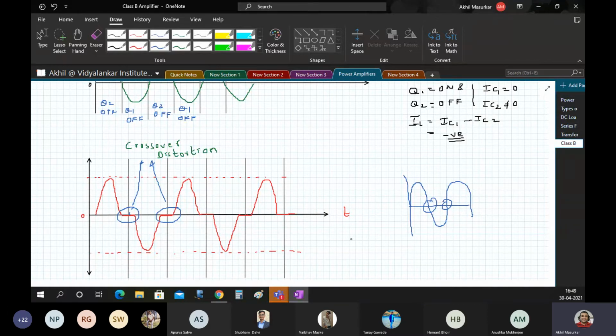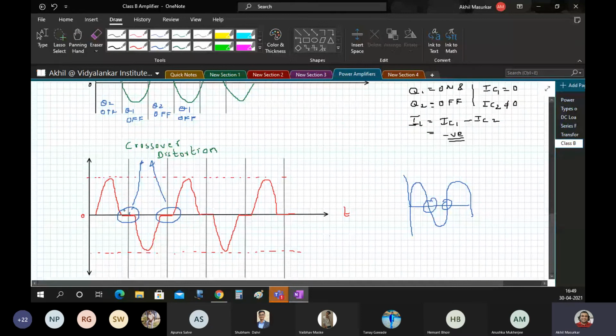This means that when we get something like this, in this place we say Q1 is on, here we say Q2 is on, and obviously Q1 is off when this is high. But in this place, in both these places, Q1 and Q2 both are off.